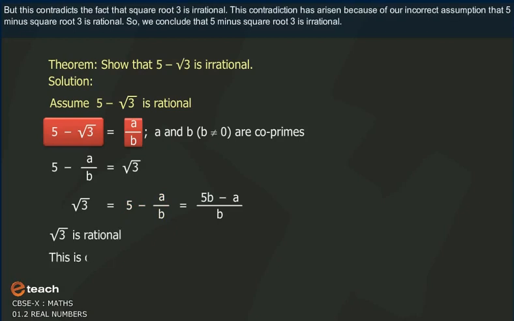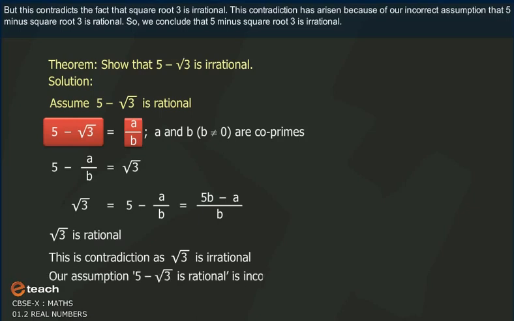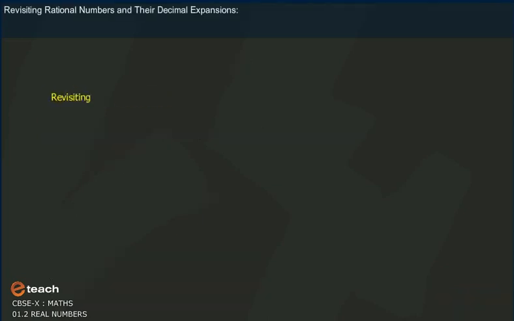But this contradicts the fact that square root 3 is irrational. This contradiction has arisen because of our incorrect assumption that 5 minus square root 3 is rational. So we conclude that 5 minus square root 3 is irrational.